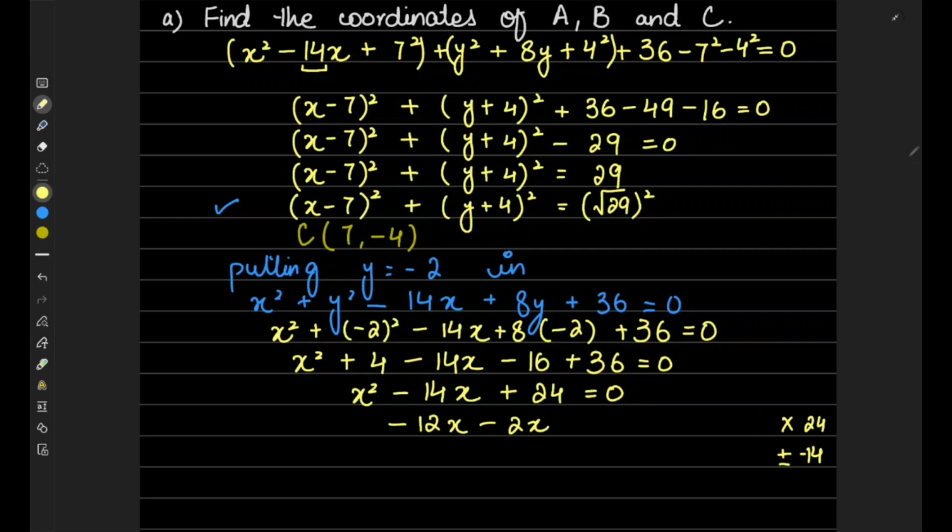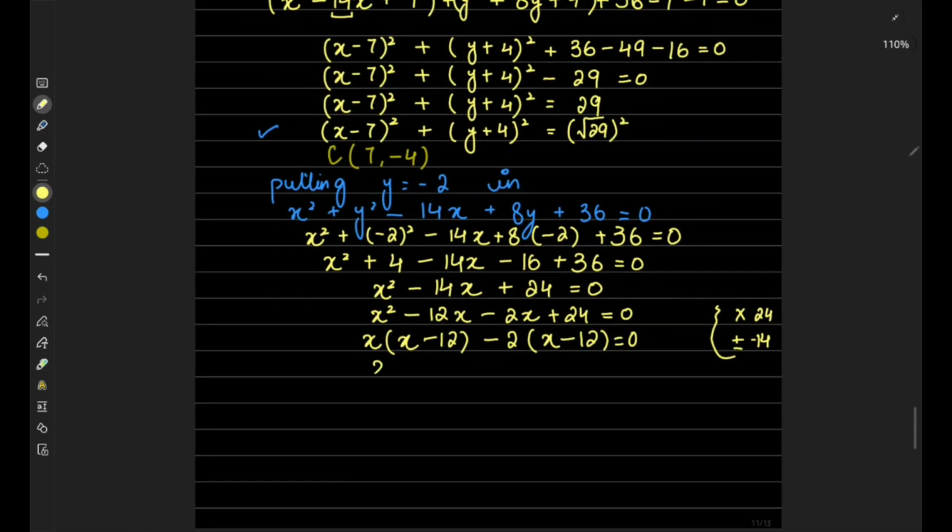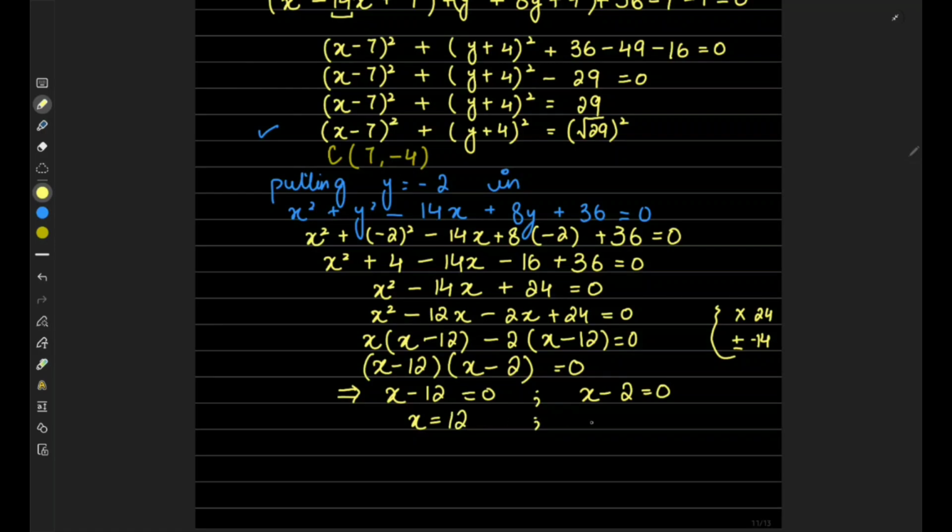So the factors are x minus 12, and taking minus 2 common, again x minus 12. Taking x minus 12 common, we are left with x minus 2. So either x minus 12 equals 0 or x minus 2 equals 0. This gives you x equals 12 or x equals 2.